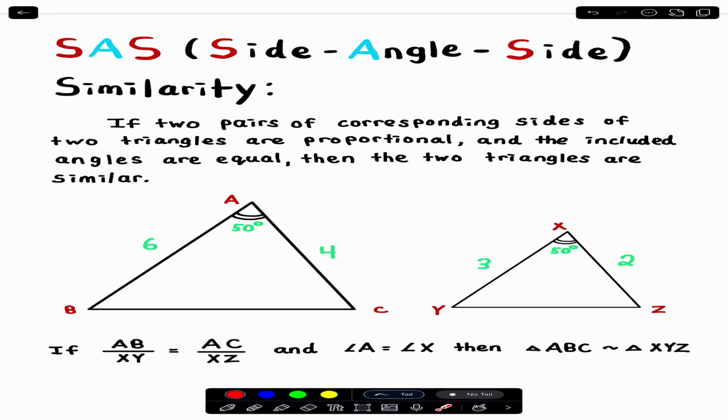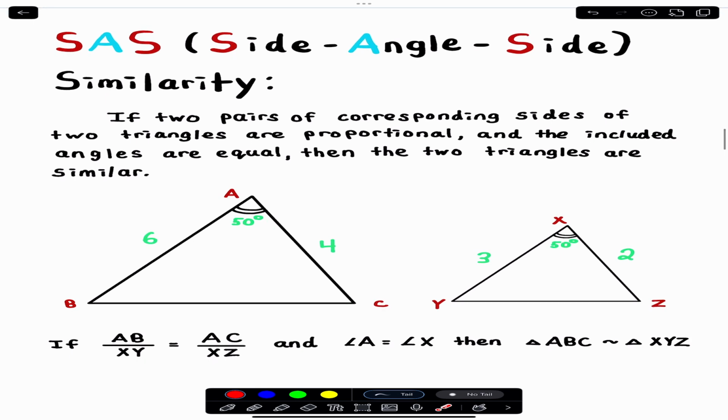So you could probably guess what SSS similarity is, but we're going to get to that later. For now, let's talk about side, angle, side. Side, angle, side similarity states that if two pairs of corresponding sides of two triangles are proportional and the included angles are equal, then the two triangles are similar.